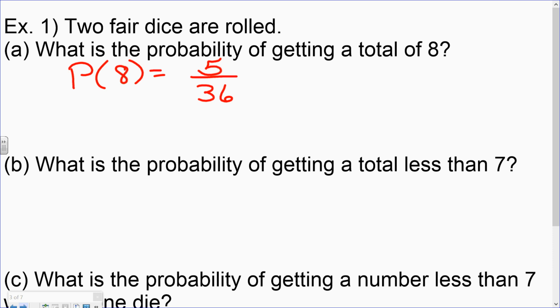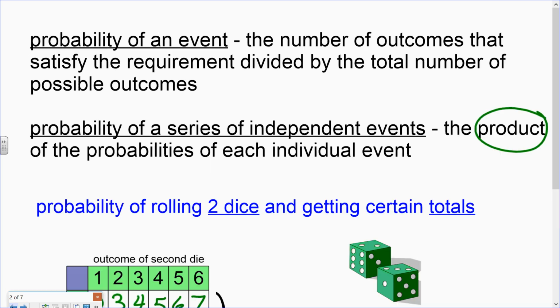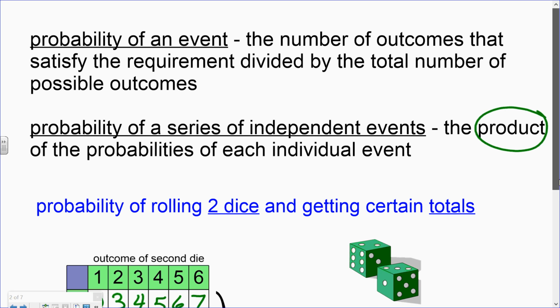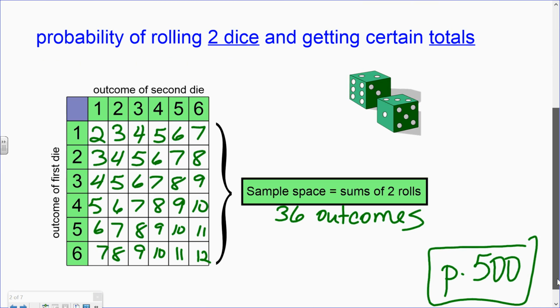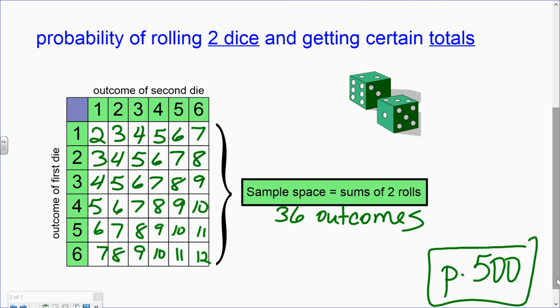Right? Let's do the probability of getting a total less than 7. So for that one, I'm going to say probability, and then I'm going to do less than 7, and you've still got 36 outcomes. But this time, a total that is less than 7. Which numbers am I interested in on this table then?